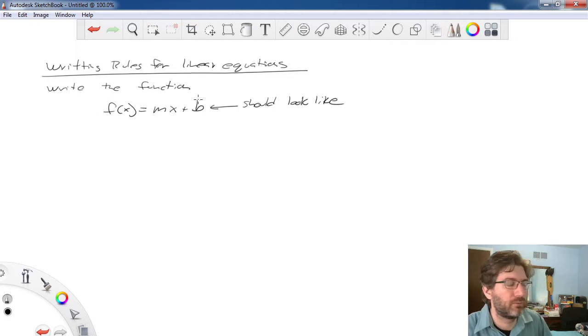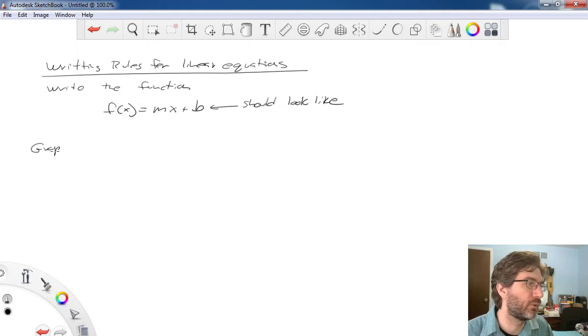And depending on what it gives you, there are other ways to do it. You can represent this function as a graph, so it might give you a graph and then ask you what's the rule. It might give you an XY table and have you write the rule from that.